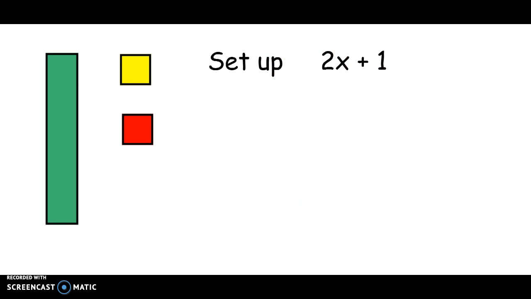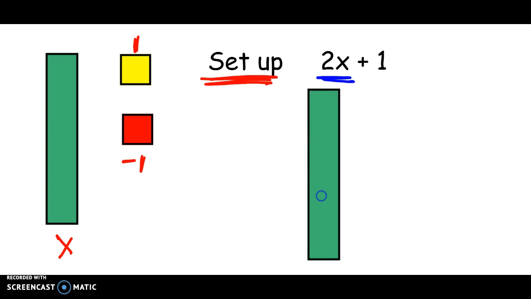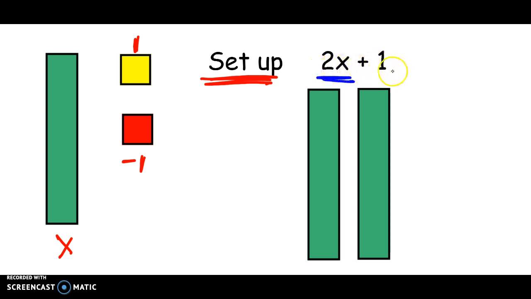Okay, so we know we have our x's, we have our positive ones, and our negative ones. And if I put them together, they're a zero pair. So I want to create a visual representation for 2x plus 1. This says 2x, so exactly like it says, you need 2 x's. And in your notes, if you are taking notes, you should write 2x plus 1, that expression, down, and then draw these.